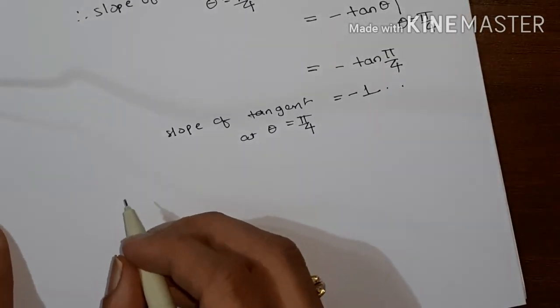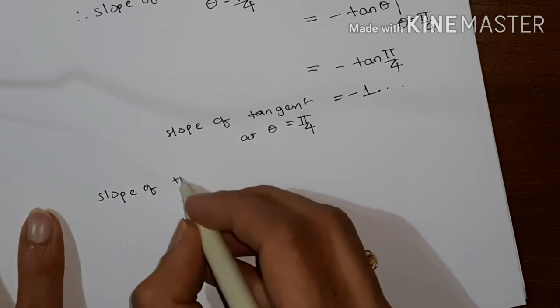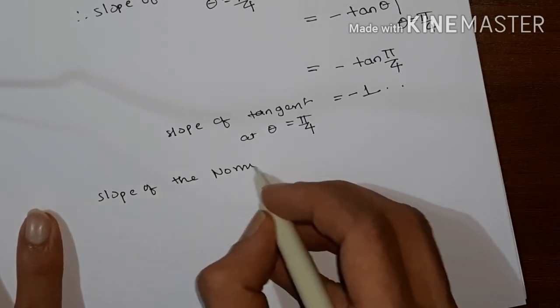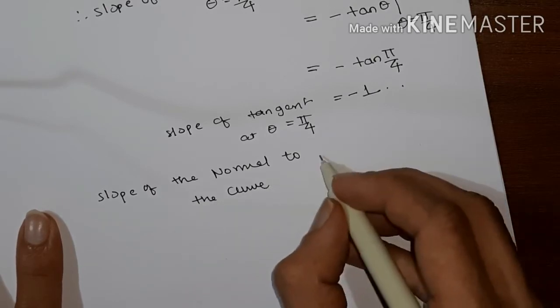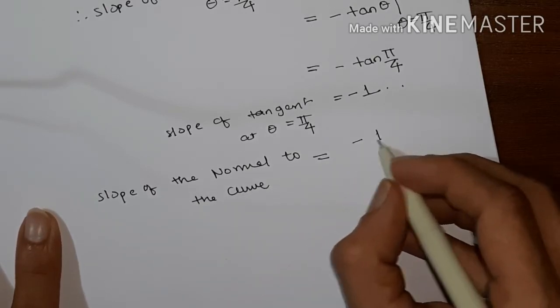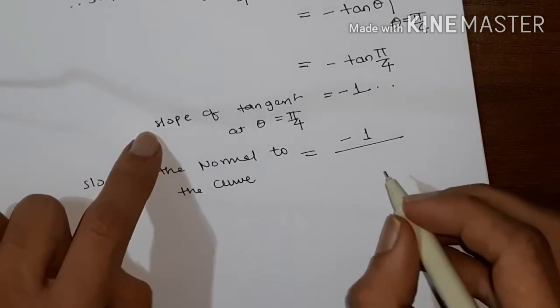Now we have to find the slope of the normal to the curve. So the slope of the normal to the curve is equal to minus 1 by the slope of the tangent.